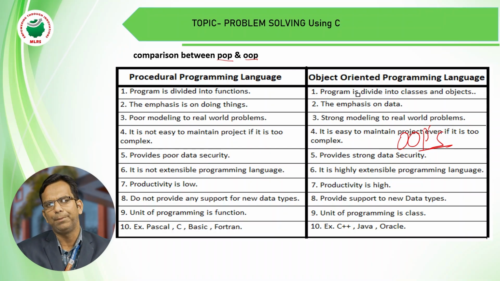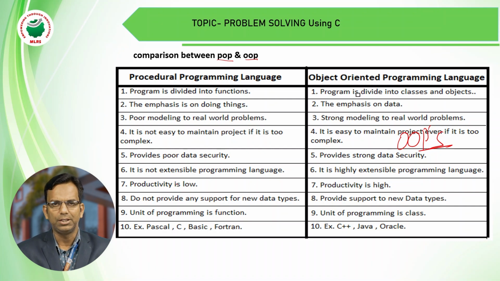That means comparing to C language, C++ has some more benefits. In procedure oriented programming, extension is not easy, that is the sixth point, and the object oriented programming system is highly extensible.